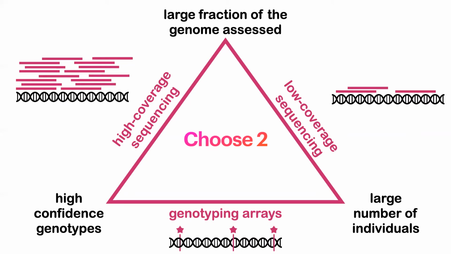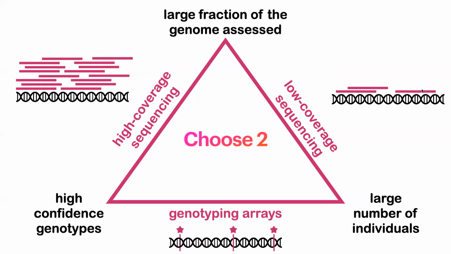Low coverage sequencing, on the other hand, is whole genome sequencing, but taking a lower pass at the genome, getting 1 to 2 or fewer, sometimes no reads, at all of the genome rather than specific sites. And the benefit of this is that you're getting more information covering a region than you are with genotyping arrays.